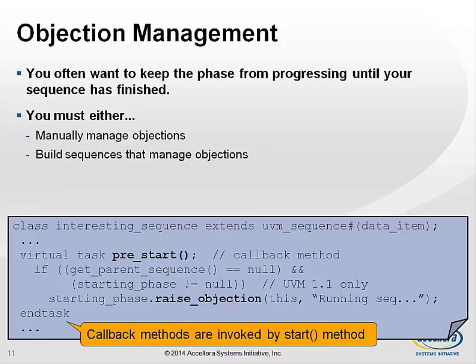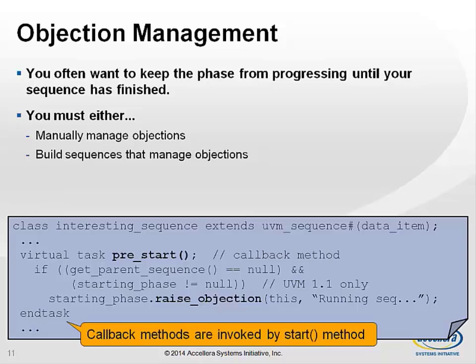If you want to build sequences that manage objections themselves, so when I start the sequence it will object until it's finished, then if you look in the UVM user's guide, you'll see code very much like this that says, okay, when the start method of a sequence is called, the first thing it does is call a pre-start method. So I can build a pre-start method, a callback method, that basically looks to see, do I have a phase handle to actually object to or not?